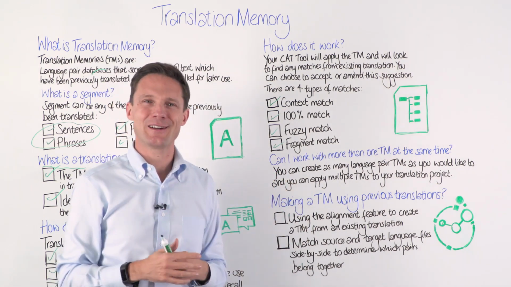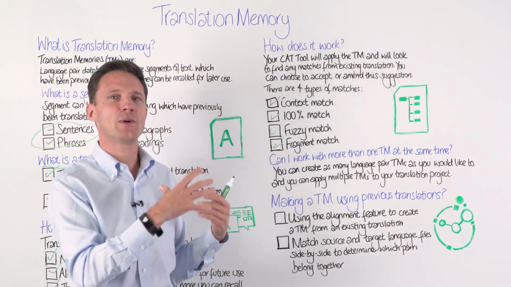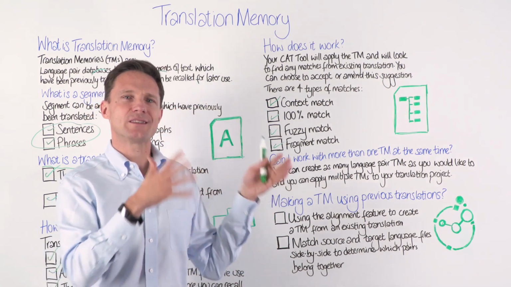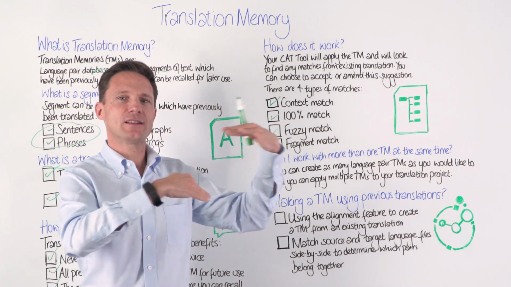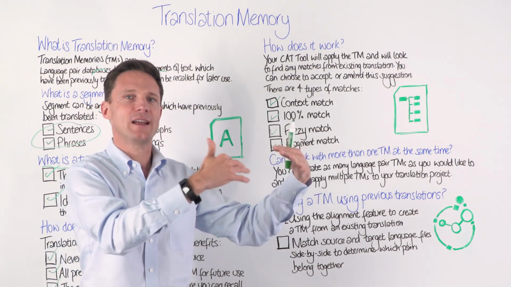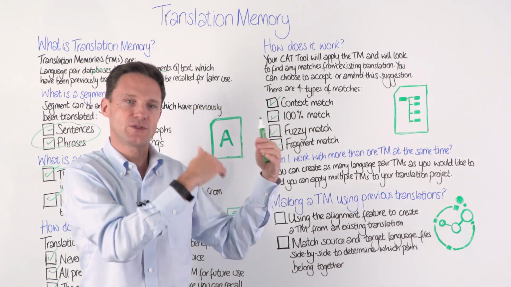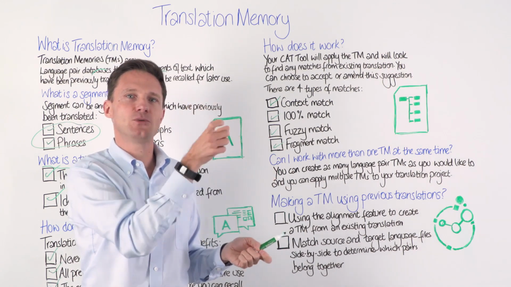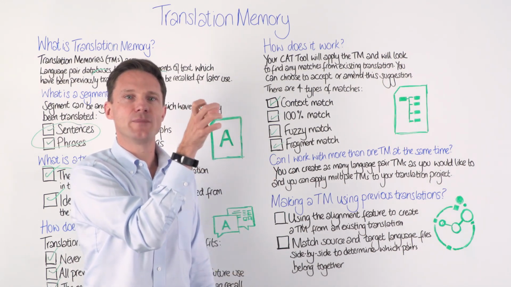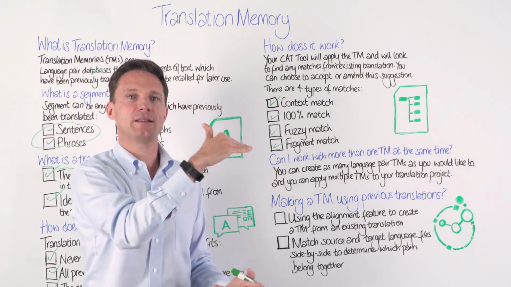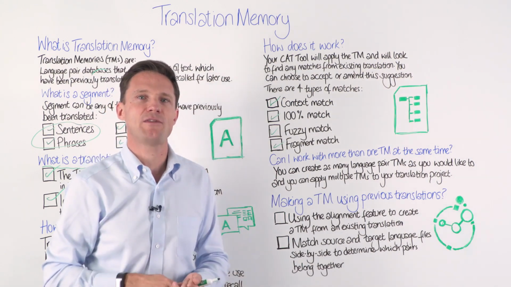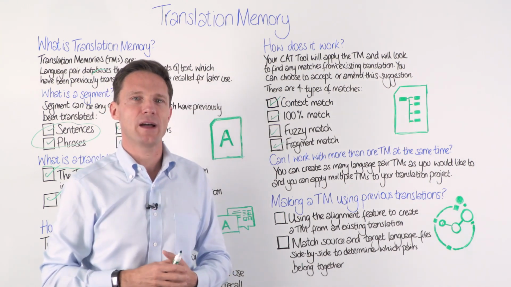The statistics are kind of in your favor. So that's why typically what you store is sentences. Even if there's an entire paragraph with 3 sentences, you store at the individual phrase, sentence level rather than an entire paragraph. So you give yourself a better chance to get a match.